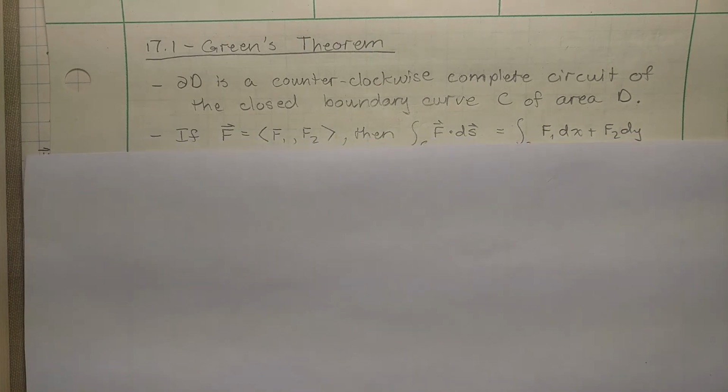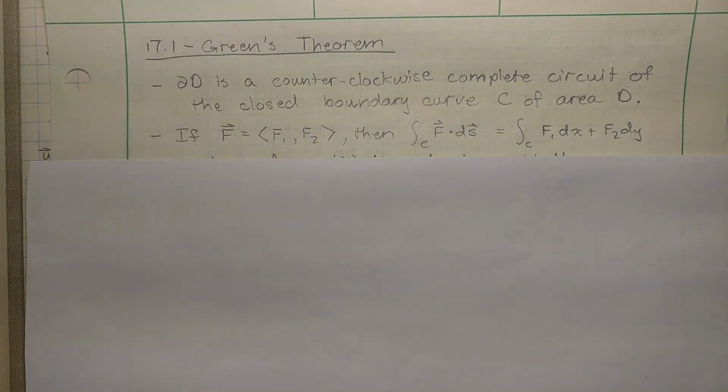The next thing to note is going back to a little bit of notation. If we've got a vector field and we say its components are function 1 and function 2, you can think of it as field function 1 for the x and field function 2 for the y.